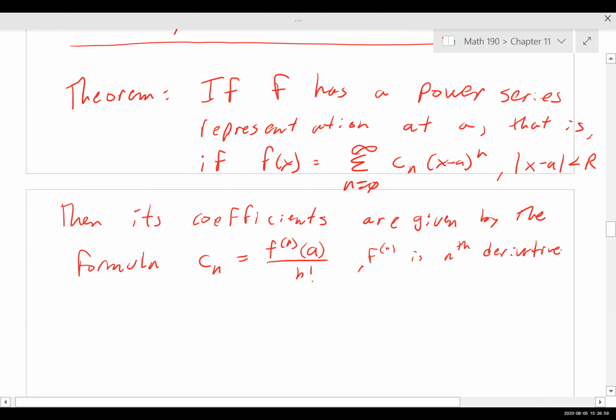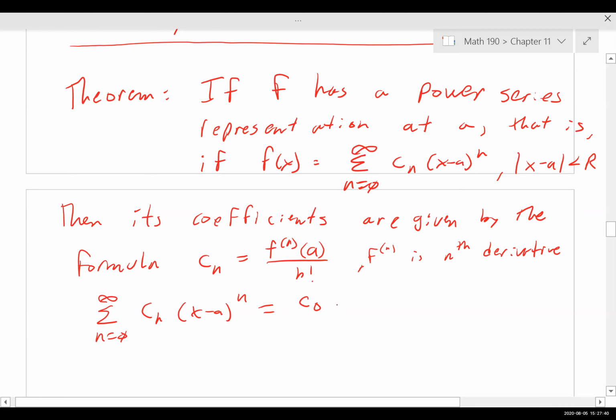So the summation from n equals 0 to infinity of c sub n times (x minus a) to the nth has a first coefficient of f of a over 0 factorial. That's c sub 0.